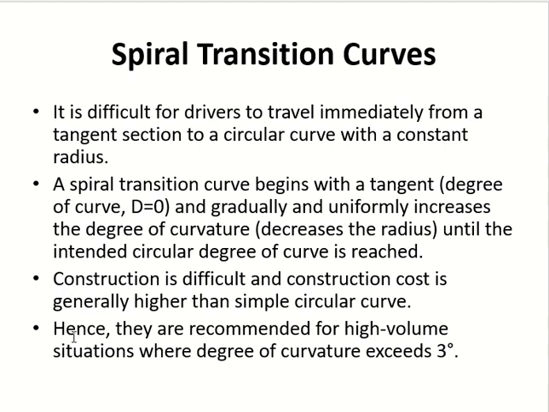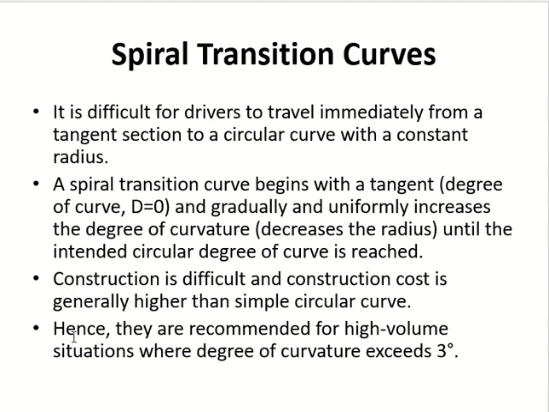When I go on this point, then I come on the curve. So the transition of the tangent to the curve is happening at a single point. If you are on this point, you are on the curve. If you are before this point, you are on the tangent. So it's a sudden, instantaneous transition.